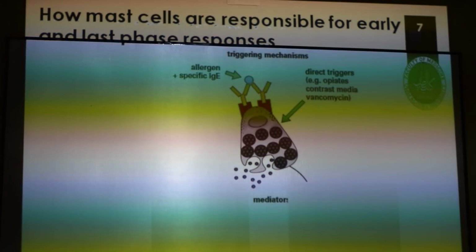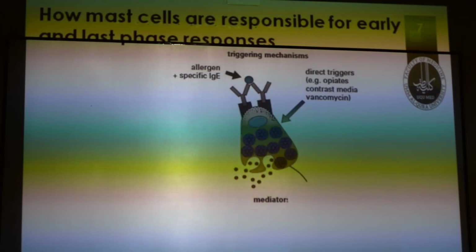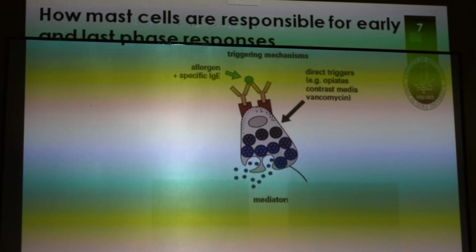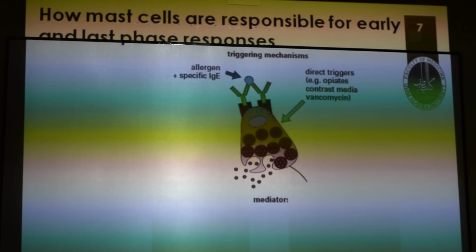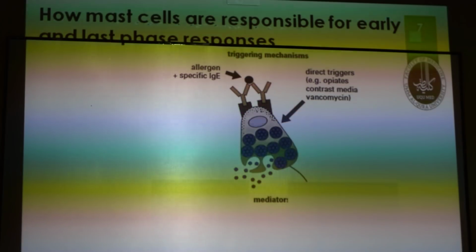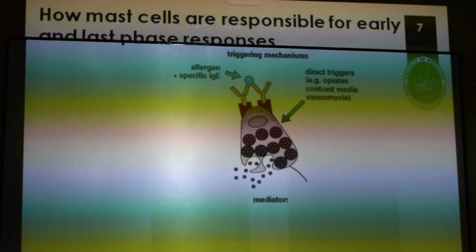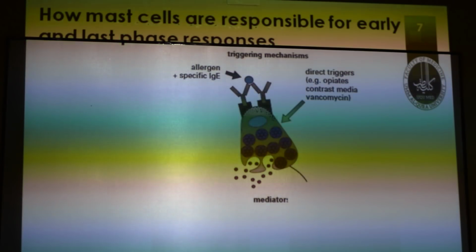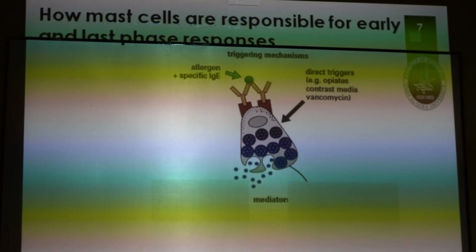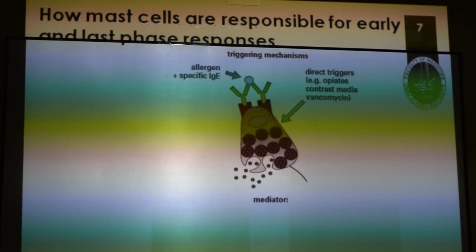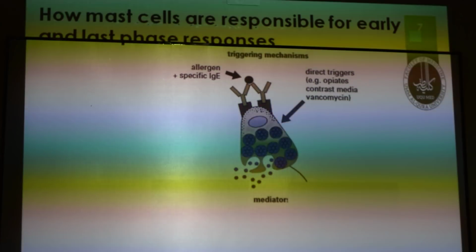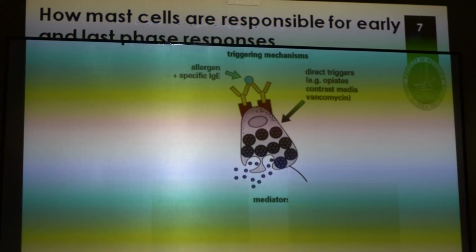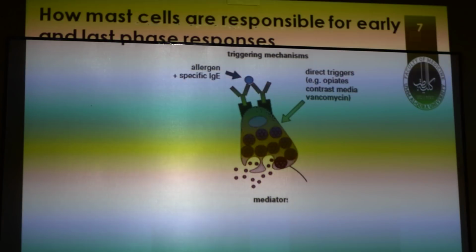If somebody has a stone, you can do X-rays that can find the opacity in the ureter or urinary bladder. So they are injected with dyes. These dyes can go into the urinary tract, and then you can find out if there is an opacity. So when you inject these dyes, some people are allergic to those. So they will have the reaction, but that is not atopic, it's non-atopic.